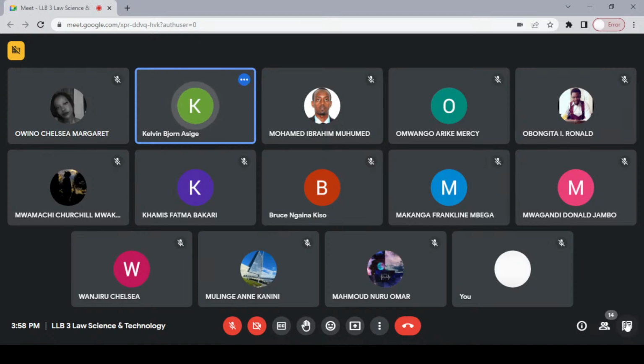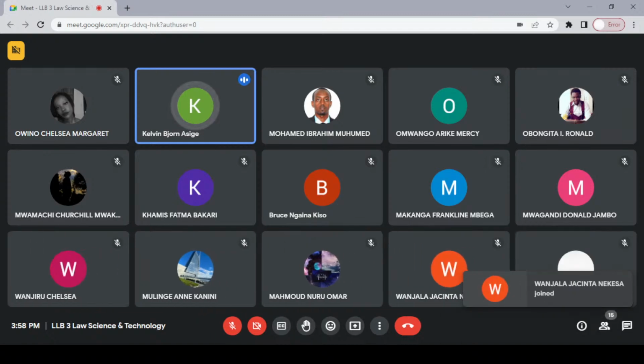Okay, we have our next case, which is Hillstead versus Regina. Hillstead versus R. Who was doing that one? Hillstead? Hello? Who was doing Hillstead?